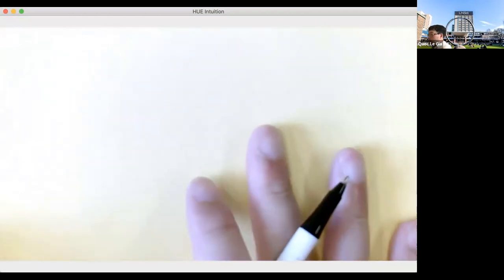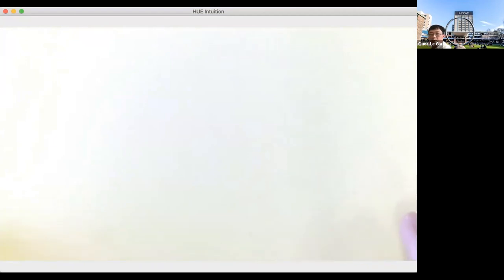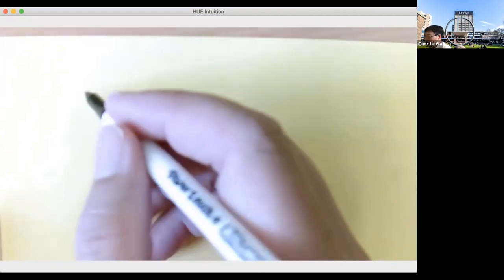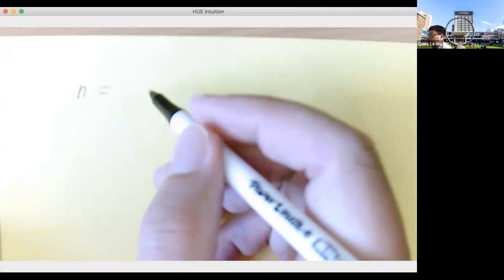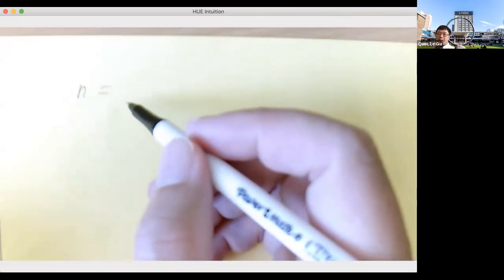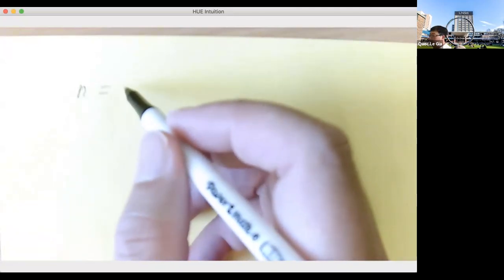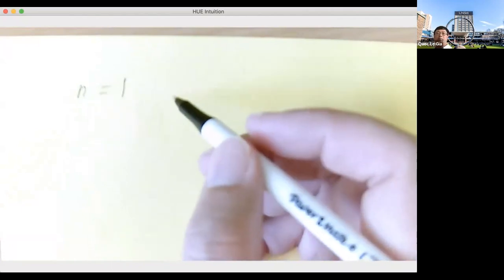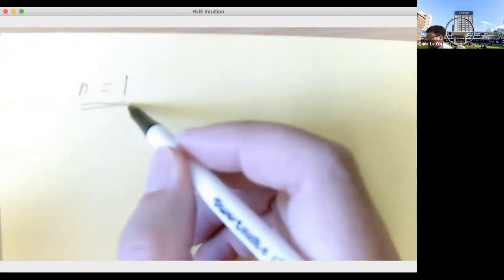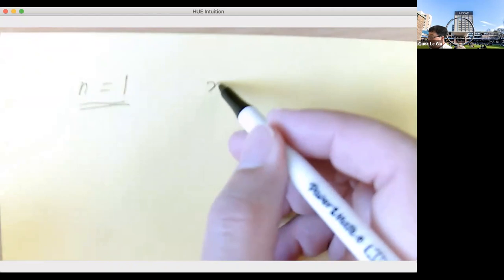So suppose I have only 2 points. So n equals 2, or maybe 2 is a bit too complicated. Maybe just take n equals 1. n equals 1 means that you have only 2 points, so x1 and x2.